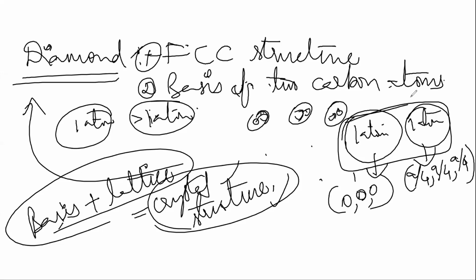Now let me draw the main figure of the diamond crystal structure. See, if I have a cube now, then I'll have an atom here which is at 1/4 distance from the origin.